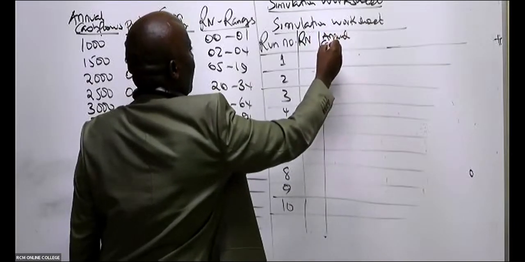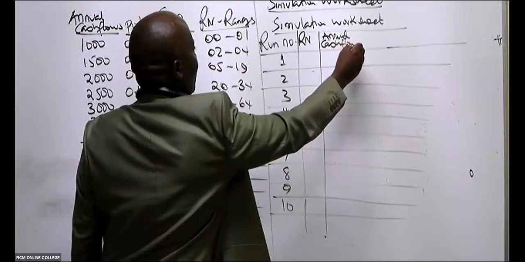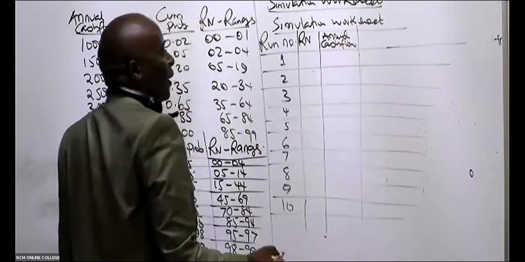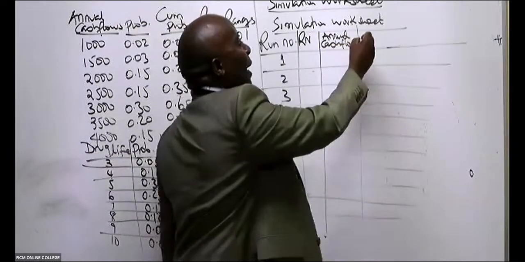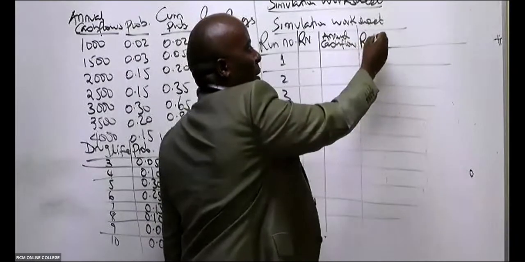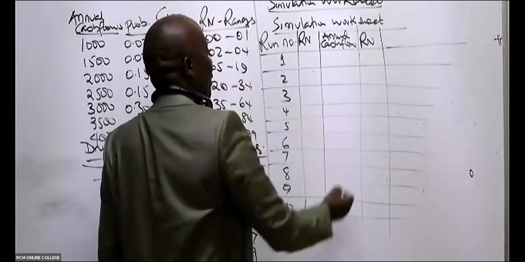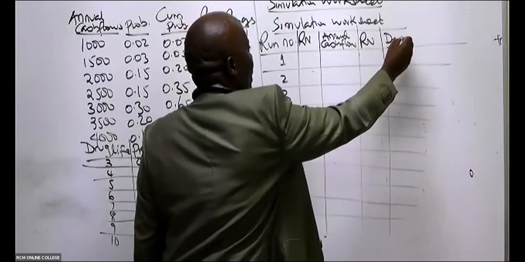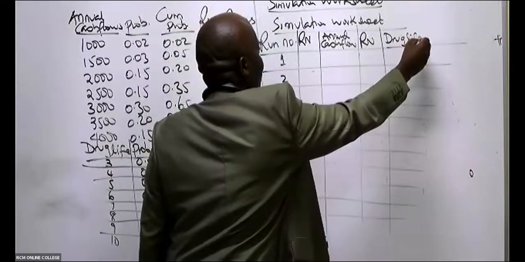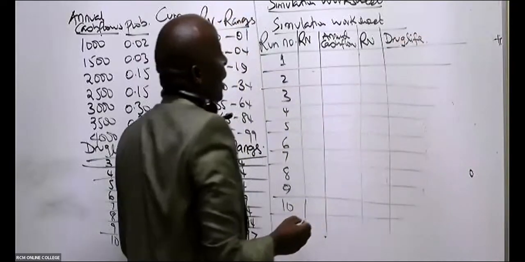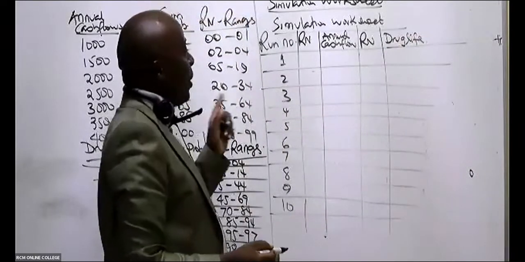That's the first variable. The second variable, you pick a random number, and then you will be able to get what we call drag life.